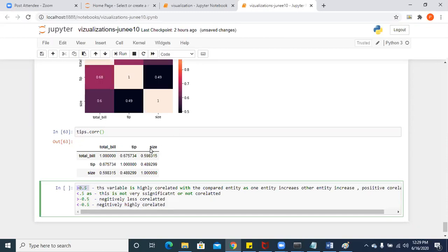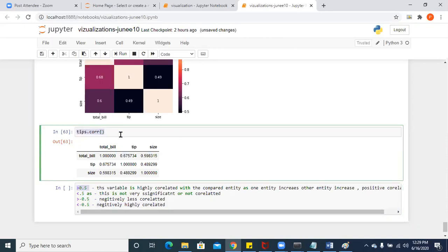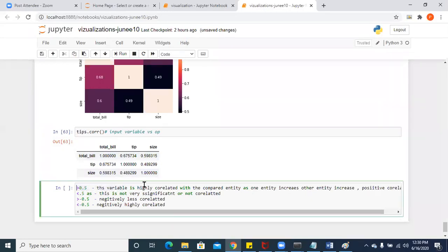Whenever you are working on regression problems, you can check the correlation between all the input variables versus the output variable. Let's suppose size is the output variable and total bill and tip are the input variables. Total bill versus size, the correlation is 0.59, so that is highly correlated.